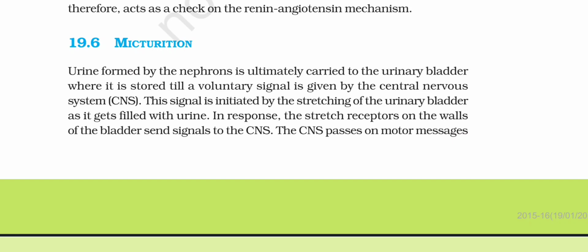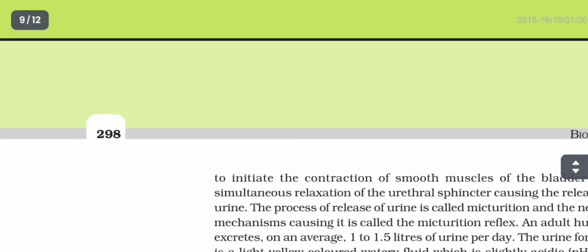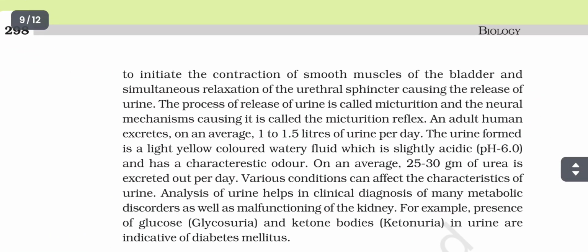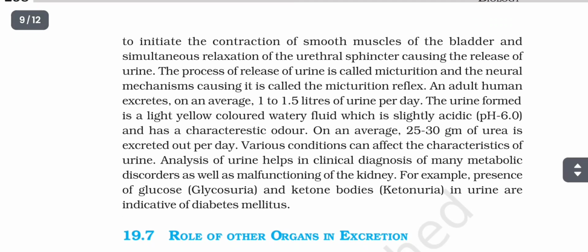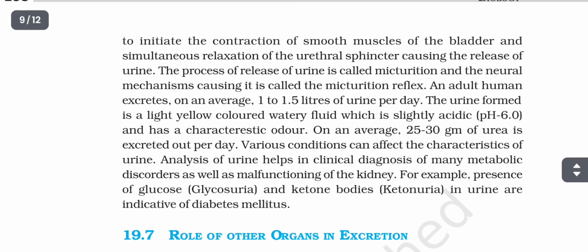In response, the stretch receptors on the walls of the bladder send signals to the CNS. The CNS passes on motor messages to initiate the contraction of smooth muscles of the bladder and simultaneous relaxation of the urethral sphincter, causing the release of urine. The process of release of urine is called micturition, and the neural mechanism causing it is called the micturition reflex.